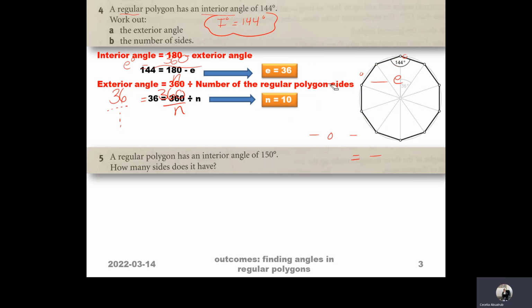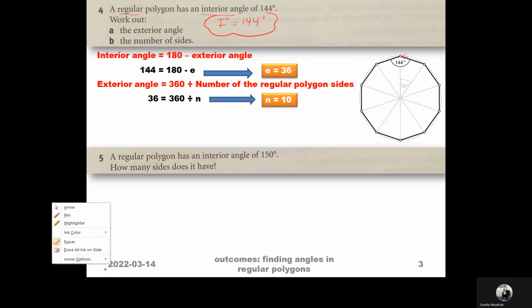And let's make this clear so that you can copy if you need to copy. Okay, let's have a look here now. Okay, and this is the pen.